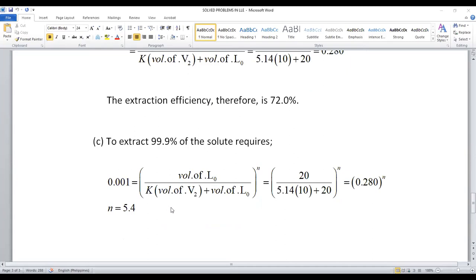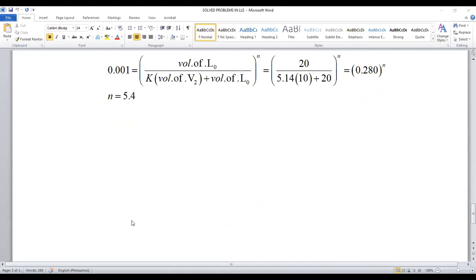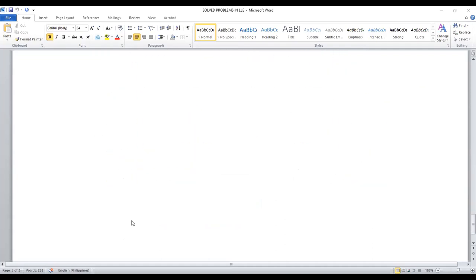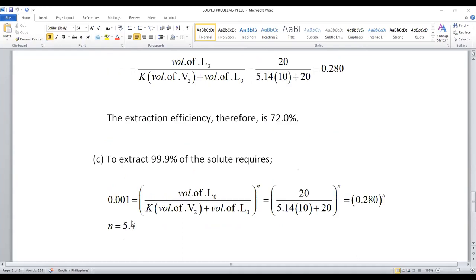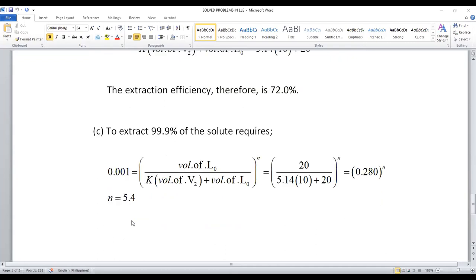And we equated it to the same formula that was introduced to you a while ago. The L over KV plus L raised to N. So your N is 5.4. As such, you have to answer 6 here. So I did not place here 6. So to achieve 99.9% of the solute recovery, you should have 6 extraction units in this case.